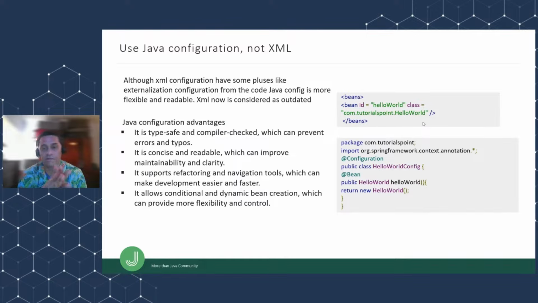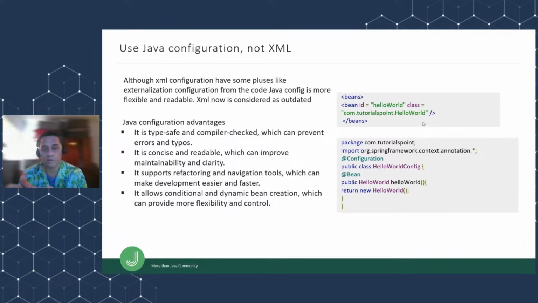So we evolved to support Java configuration based on annotations like this. For example, we set the type of this bean, and we define what this is all about, right? It's a configuration, a service, or a controller. So it's inside the Java code. It's concise and readable.